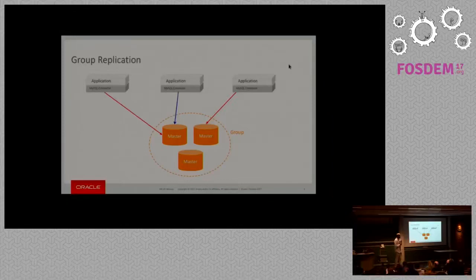But basically, there is a group where every transaction that you send to the group is totally ordered and received in every server at the same logical time. So you can choose to write to several members at the same time. And basically, this is a distributed state machine, right? So everyone starts with the same state, everyone receives the same information, so everyone makes the same decisions.